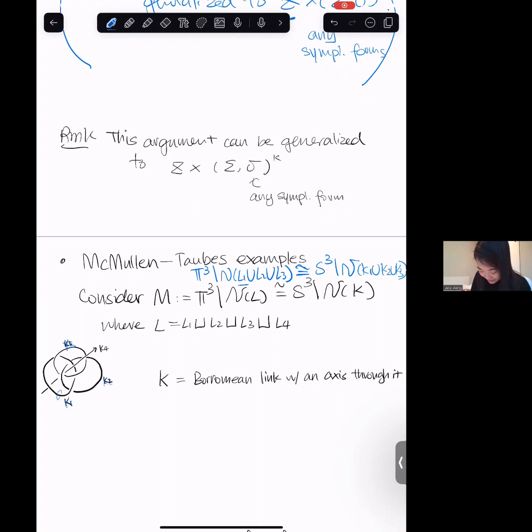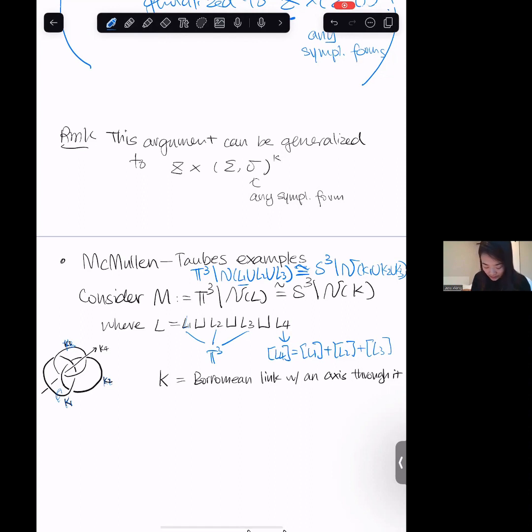Sorry, L1, L2, L3 are geodesics of T3, and L4 is some geodesic in the class L1 plus L2 plus L3. So let me describe the diffeomorphism again. The meridians of Ki are sent to these Li's.